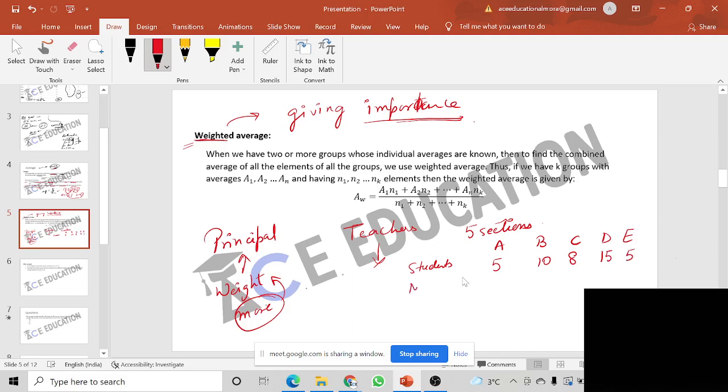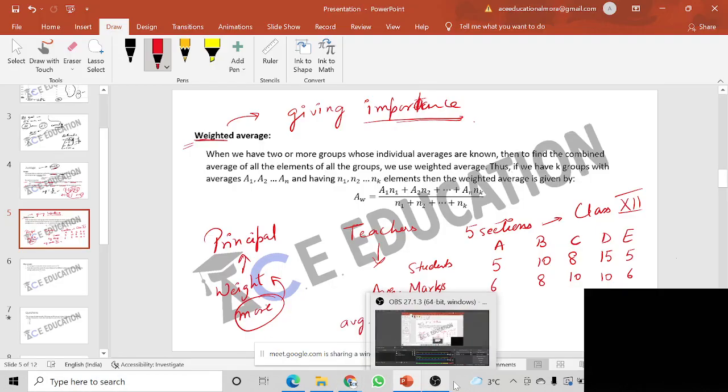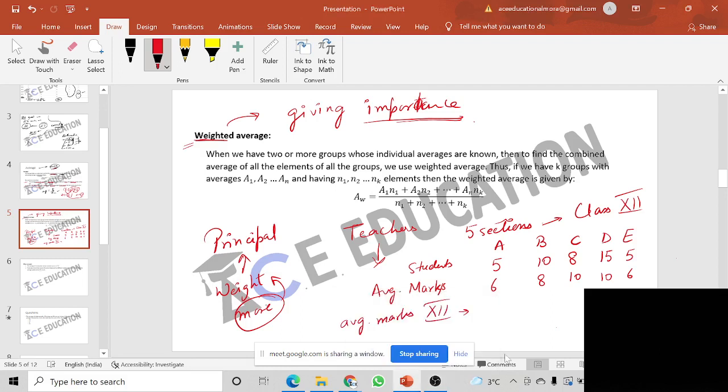There was a common test which was taken, and the average marks of each section are given to us: here it was 6, here 8, 10, 10, 6. Now these are all class 12th students, for example. Now I want to know the average marks for class 12th. These are the kinds of questions solved by the concept of weighted average.